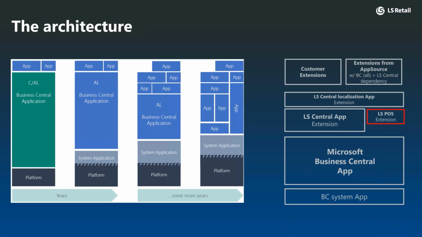So regarding the LS Central solution, that is an app that depends on Business Central, and on top of that we have other extensions like the localization, and then there will be customer extension apps and possibly others from AppSource, etc. Now the POS in this picture is a part of LS Central app today, but it will be a separate extension like shown on that picture that will include the core part of the POS code.